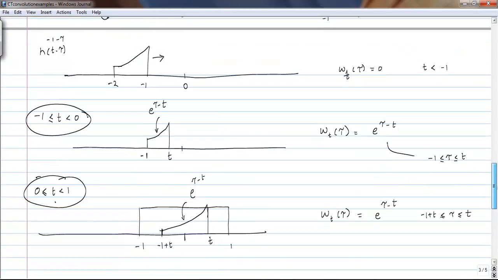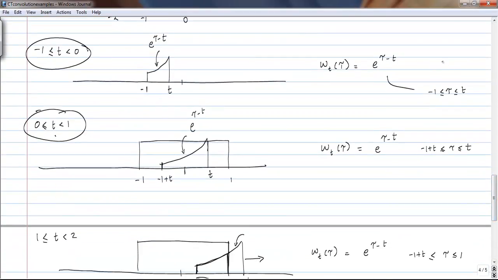Now I think I should have been more careful when I wrote this, but please stop the video and just ponder about this. We are describing signals w sub t of tau. So really we are describing this signal to be of some form for various values of tau. But this form changes as t goes from minus infinity to plus infinity.